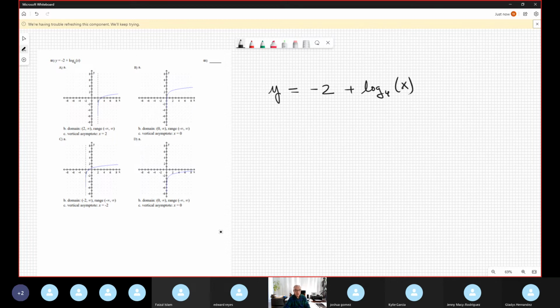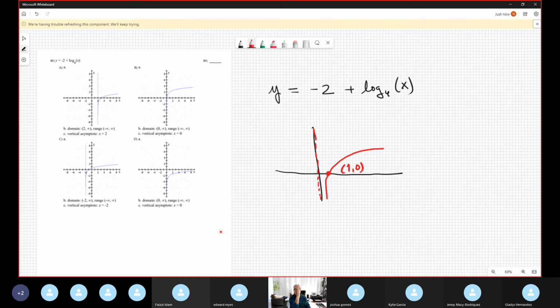But this is base 4. Yeah, I know very well that base 4 looks like that. And this is the famous point 1, 0. And we have the vertical asymptote here. But this -2 represents only the vertical shift down. Then the asymptote stays the same because the asymptote is vertical.